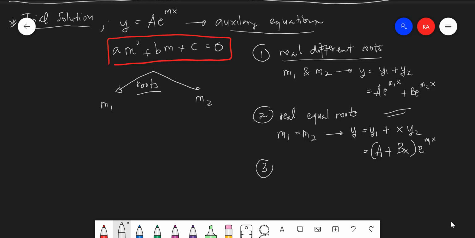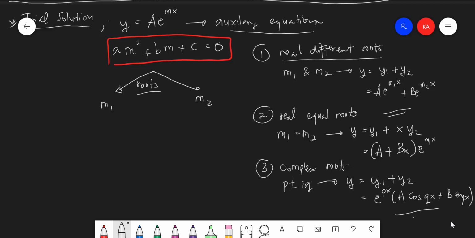And then the third one is we have complex roots. If we have complex roots p plus minus i k, the general solution of y is equal to y1 plus y2 is equal to e power of px, a cos kx plus b sin kx, like this one.